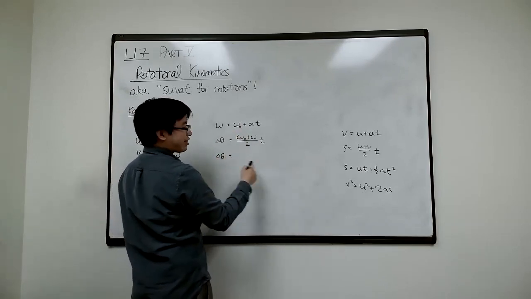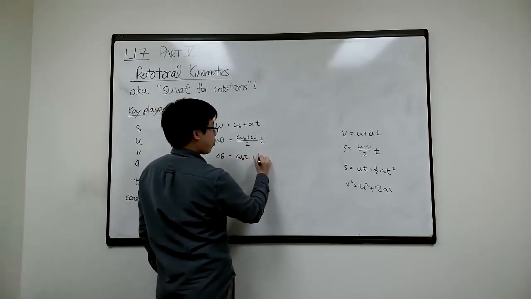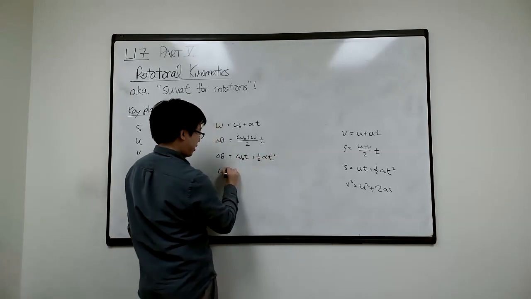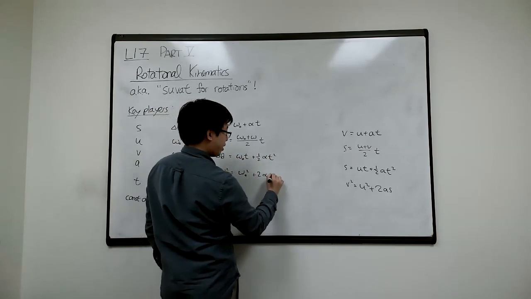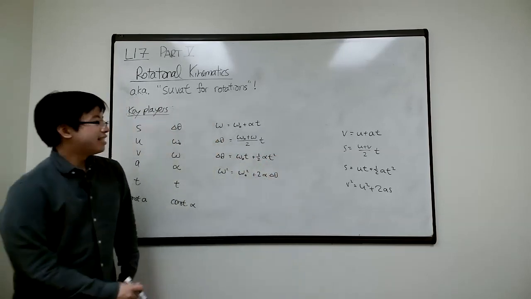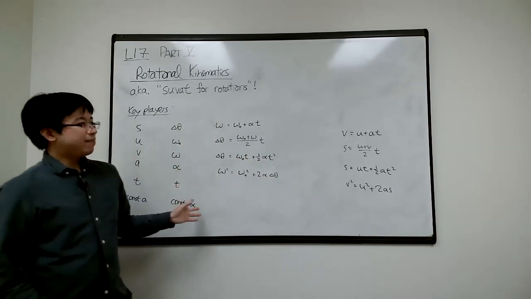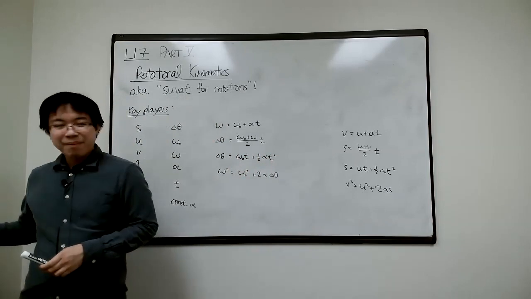So delta theta is omega naught t plus 1/2 alpha t squared. And finally, omega squared equals omega naught squared plus 2 alpha delta theta. It looks unfamiliar, but basically this is what I do every time: just translate it in my head.